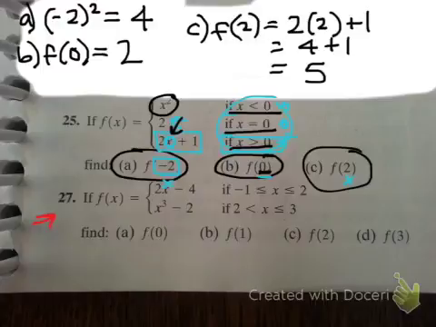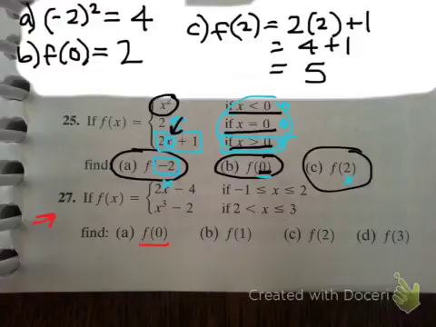Let's jump down to the ones on number 27. This is asking you to find some different numbers. The first one is f of 0. So we need to look at our if statements. If x is 0, which one does it fall into? Is it between negative 1 and 2, or between 2 and 3?